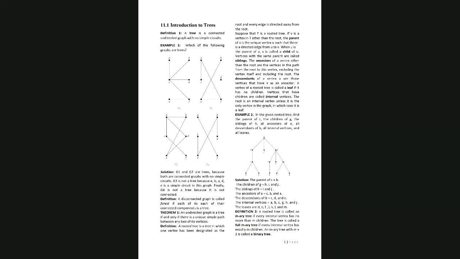For example, if you see this diagram, if A is the root, then B, F, G are away from A. If all the vertices are away from one vertex, then it is called a rooted tree. The graph must be a tree, and that vertex is called the root.